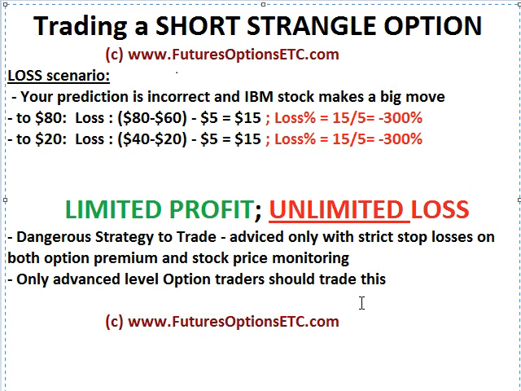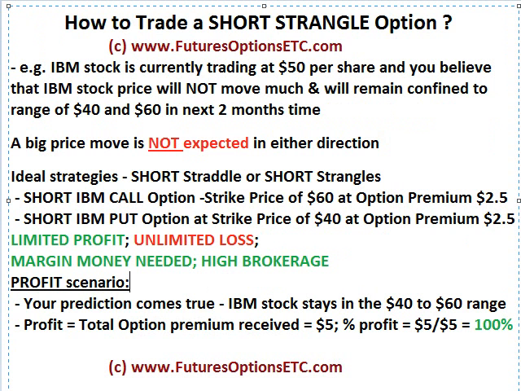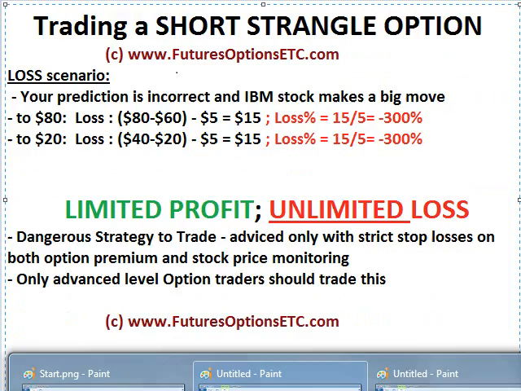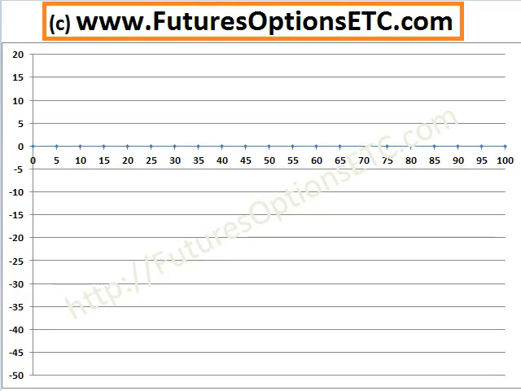Now let's get into the option payoff function for this. What we have here is a short call of $60 strike price, which is represented like this.